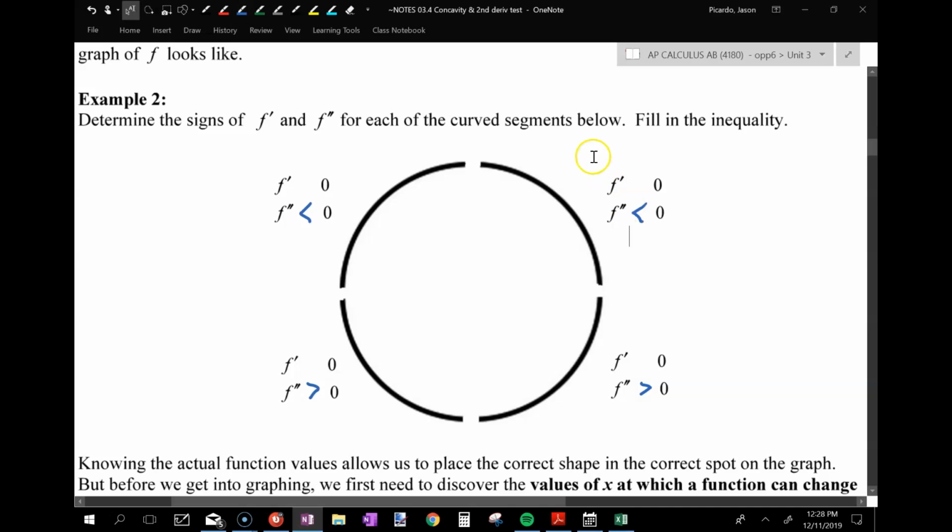Cool? Now I want you to go back to yesterday's lesson, or the last couple of lessons. Is this piece of the curve increasing or decreasing? Left to right, it's getting bigger, right? So this piece is increasing, so the first derivative would be greater than 0. This piece, as I move left to right, the graph is getting lower, so the graph is decreasing, so the first derivative is less than 0.